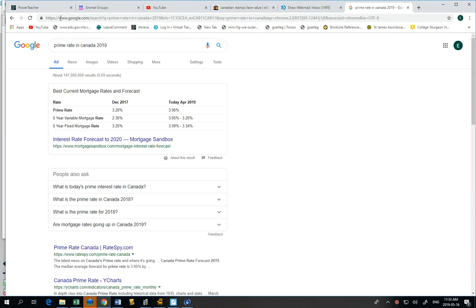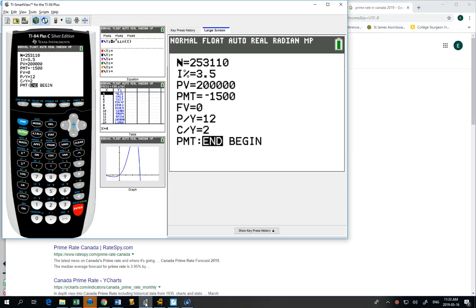Prime rate 3.2% in December, 3.95 right now. 5-year variable mortgage rates are at 3.25. 5-year fixed mortgage rates are at 3.34. Interesting. So let's use that prime 3.95. So it's about 4% right now.